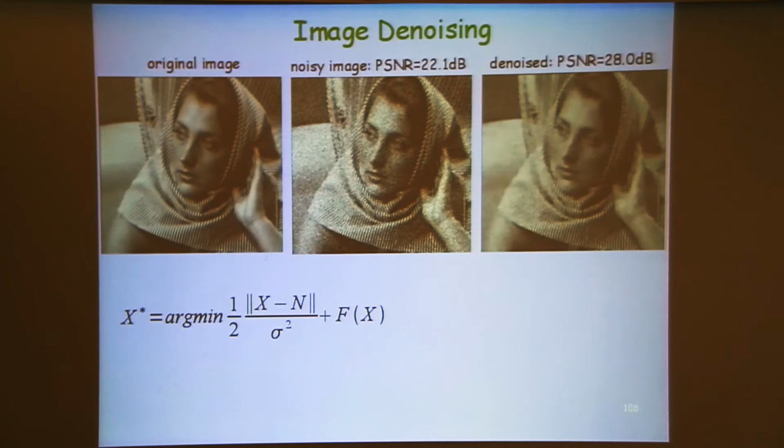In a Bayesian setting, you know that some additive Gaussian noise has been added, so that gives you the likelihood, which is a quadratic term, where n is the noise observation, x is your estimate. That's the likelihood term. And then you have a prior term, the p of x, that comes from your model. And if you use Bayes' rule, then in the log domain, these two terms sum up.